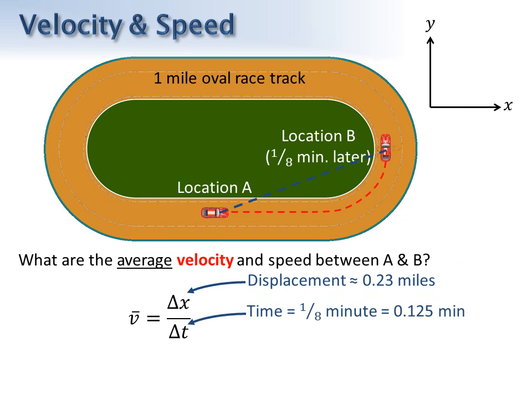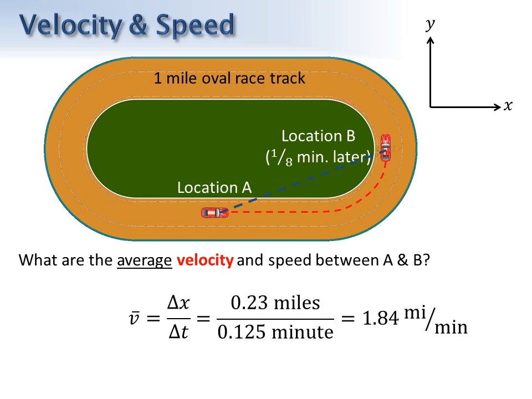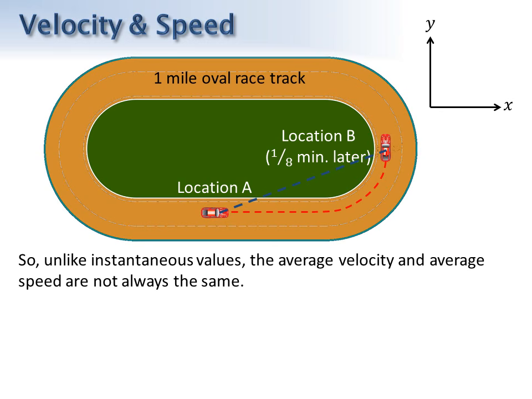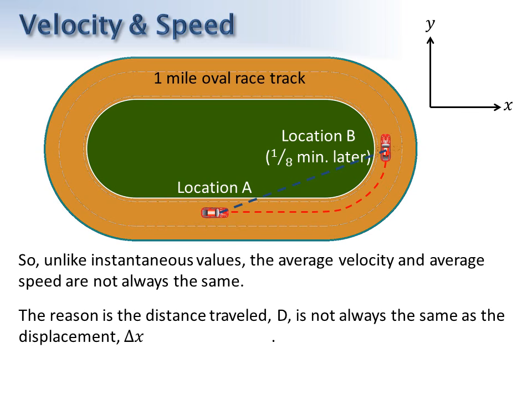The time is 0.125 minutes. So we plug these numbers in, and we find that the magnitude of the average velocity is 1.84 miles per minute. And that's compared to the average speed we just calculated of 2 miles per minute. So unlike instantaneous values, the average velocity and average speed are not always the same. And the reason for this is that the distance traveled here is not always the same as the displacement here.